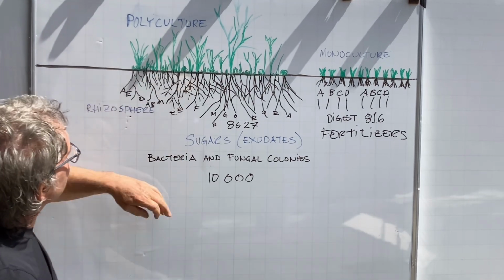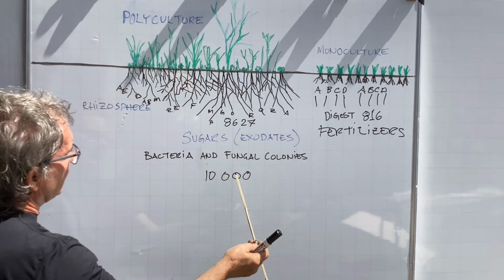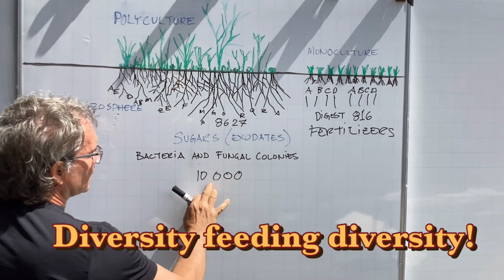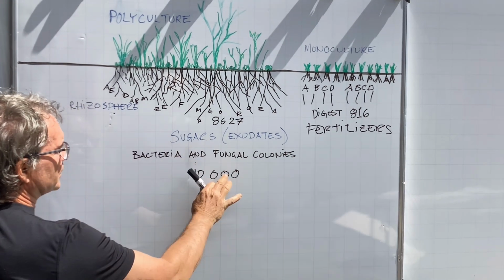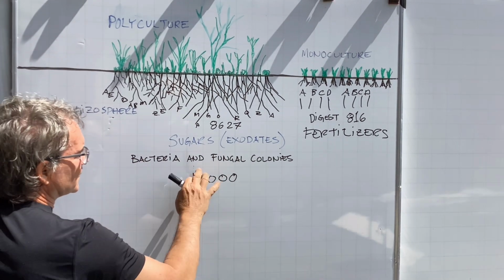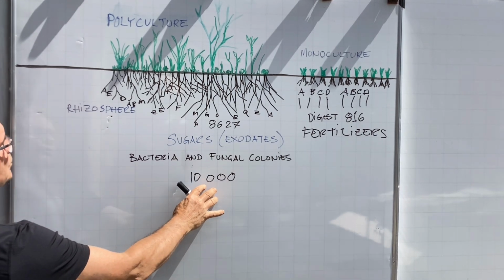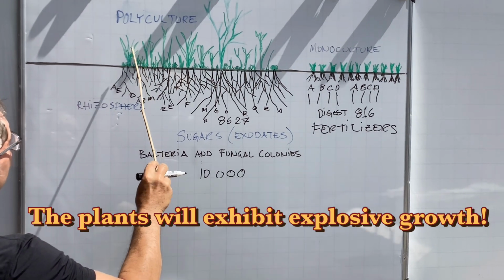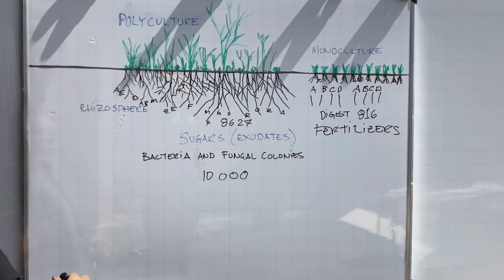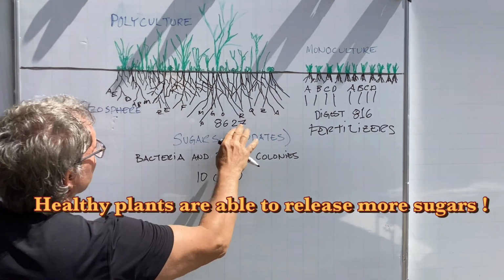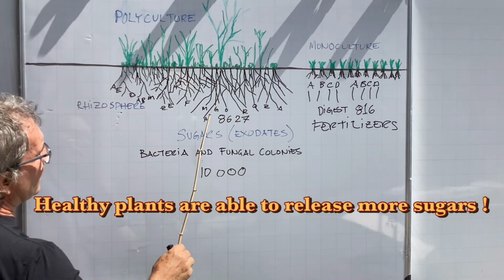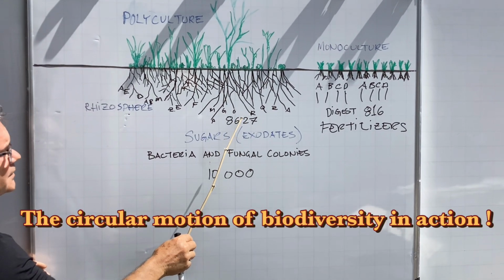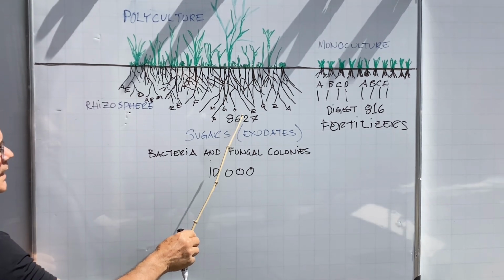And this biodiversity that's happening in the polyculture is benefiting from this diversity, the 10,000 different types of bacteria that are in the soil. So it's maximizing the biodiversity by this huge number. Now the plants themselves, they will go through a vigorous improvement because they are being supplied by these massive amounts of diverse bacteria.